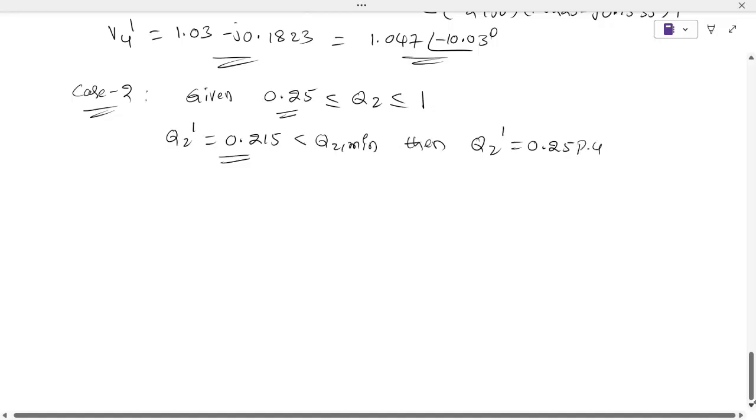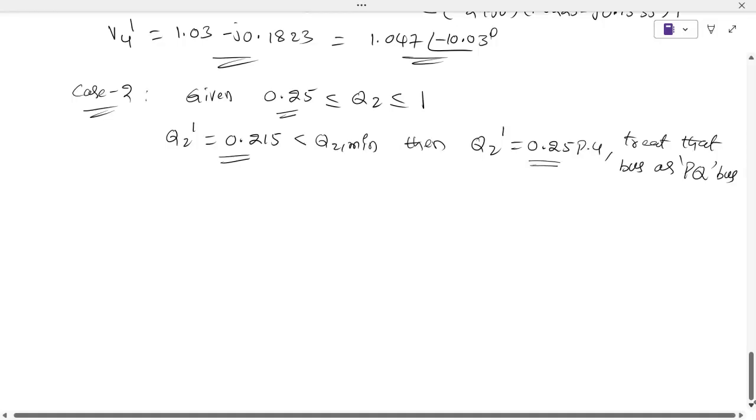Take 0.25 as such and treat that bus as a PQ bus.